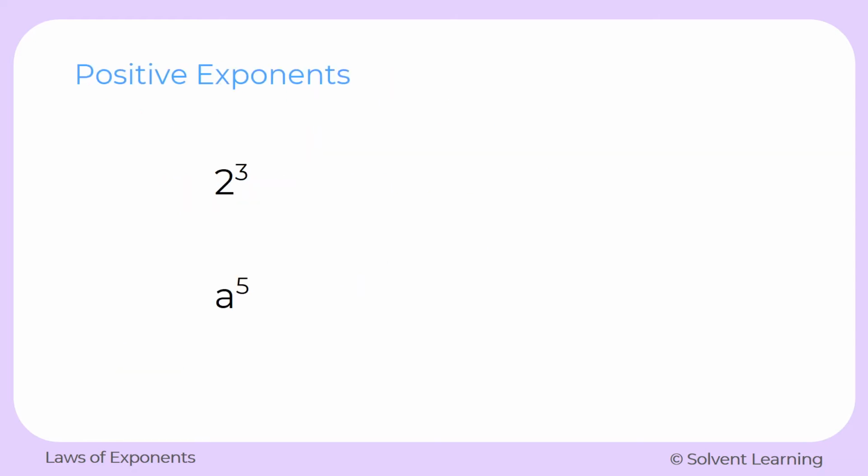Our first two examples have exponents that are positive numbers. So here we have 2 raised to the third power. We can read it as 2 cubed, and it really represents 3 2's being multiplied together. Remember, we take the base, and then the exponent tells us how many of that base we have and multiply them together.